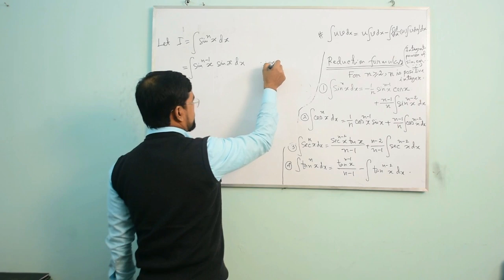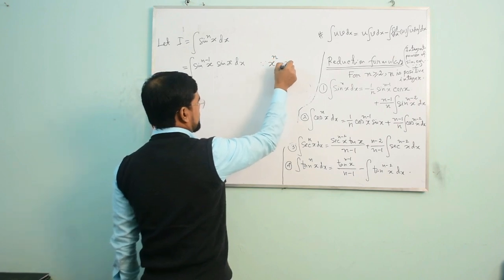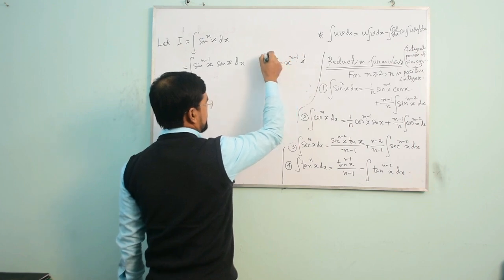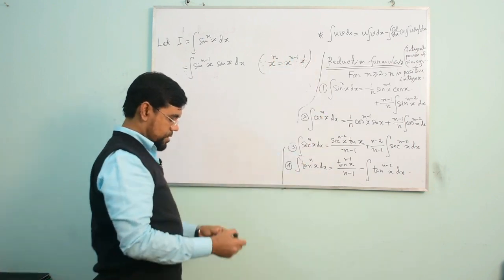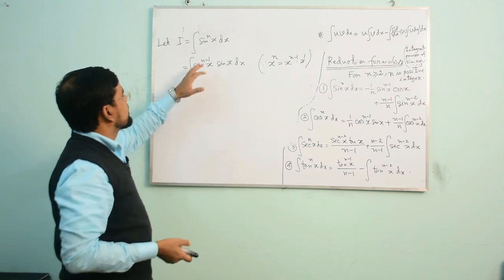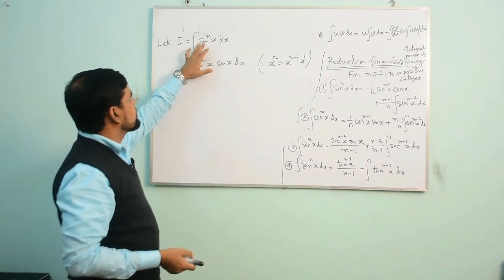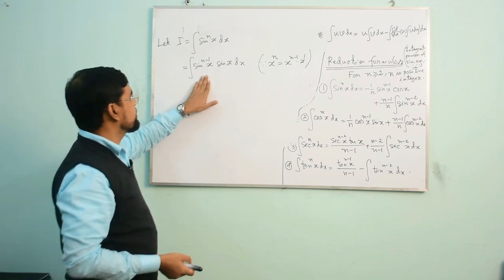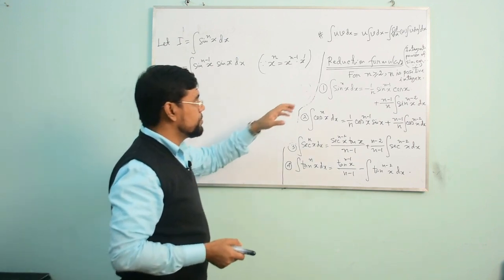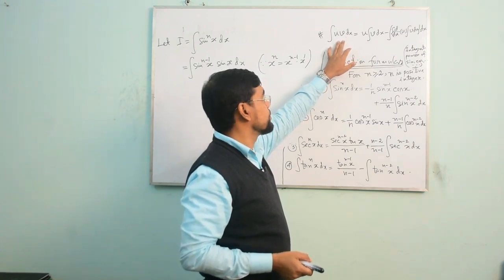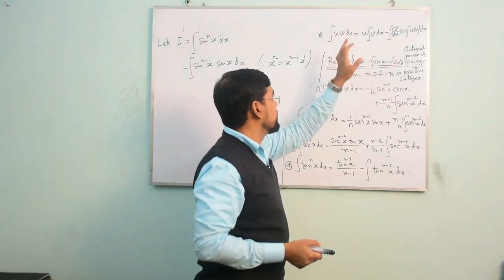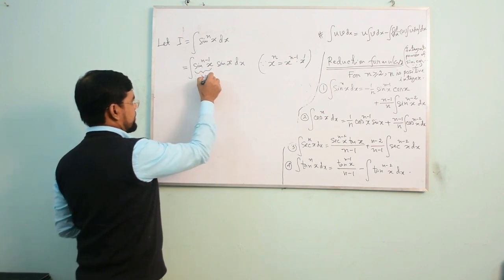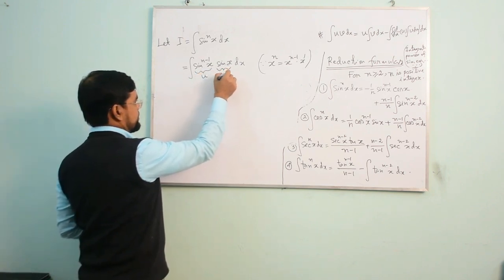Because x to the power n we can write as x to the power n minus 1 into x to the power 1. Now we are going to use the formula for integration by parts. Let's say the first one is u and the second one is v.